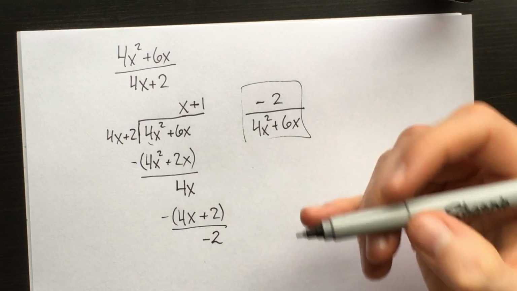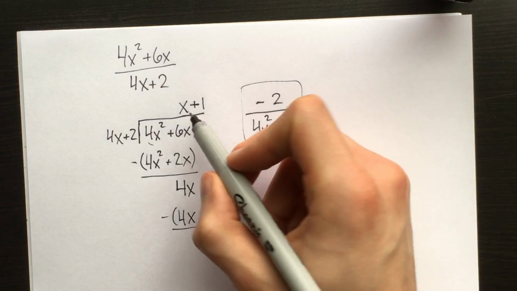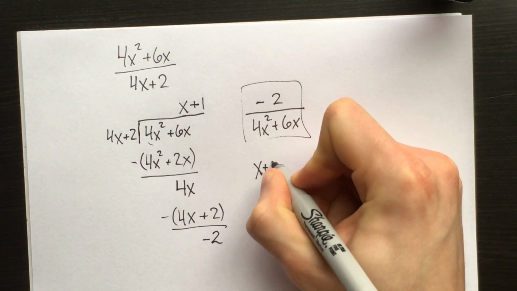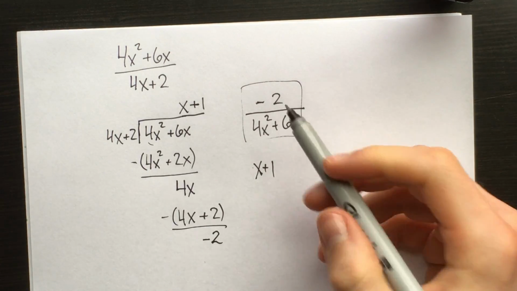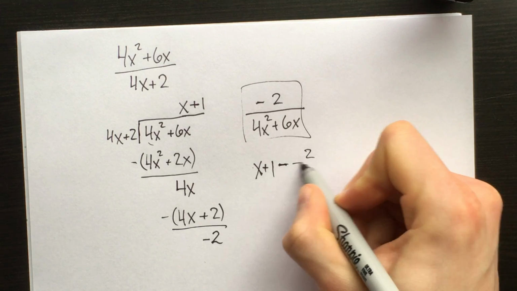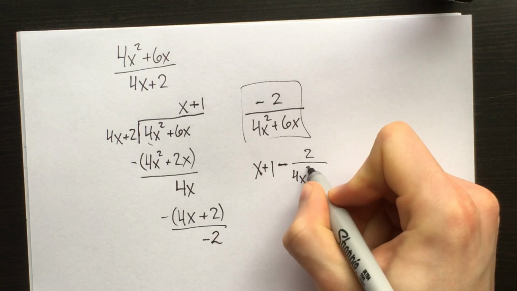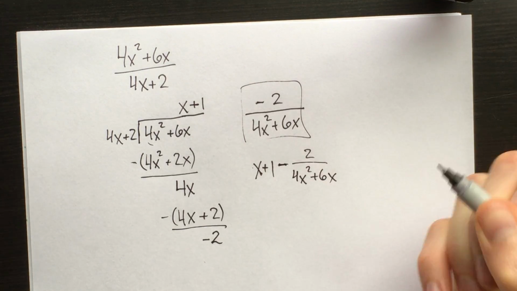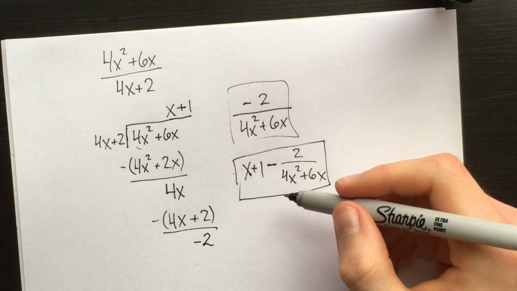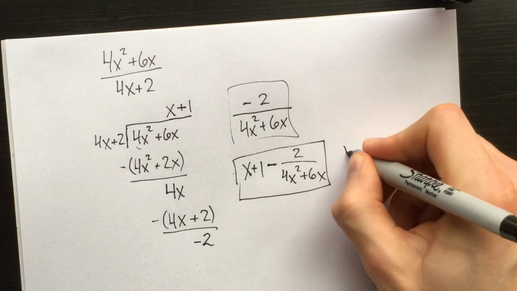So how would we express the answer for this problem? It would be what we got from our actual division, x plus 1, and then just plus your remainder. In this case, our remainder is negative, so it would be minus 2 over 4x squared plus 6x. So this is our answer, and this is answer choice D.